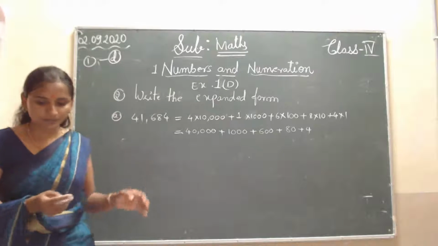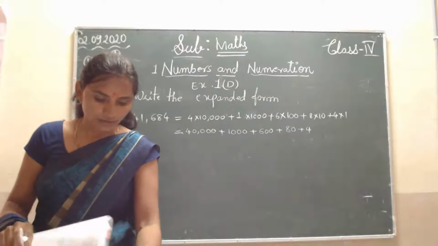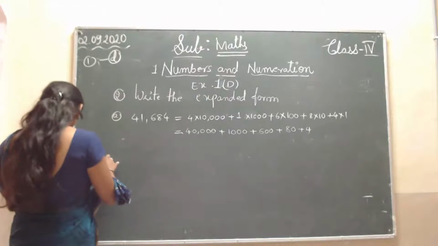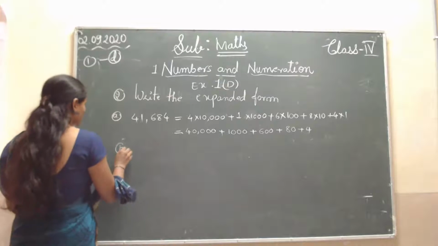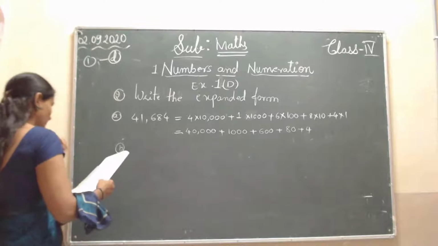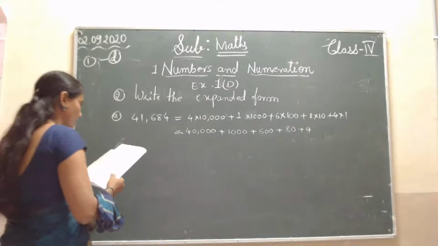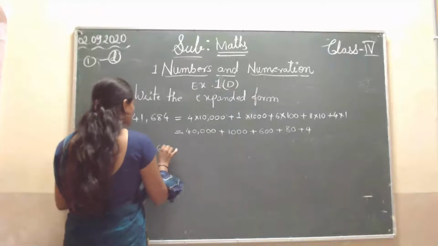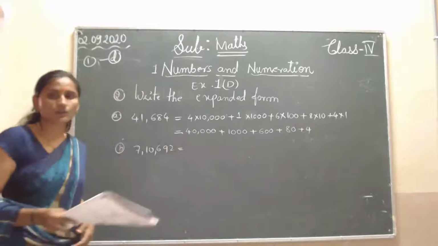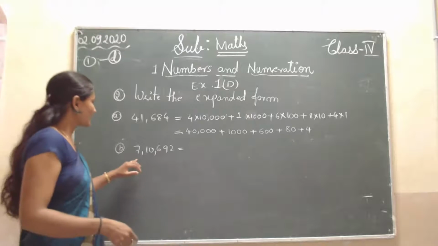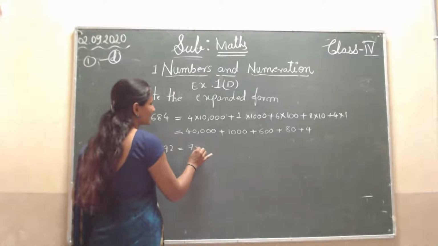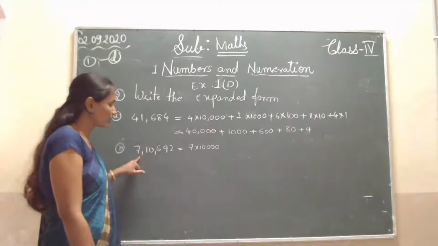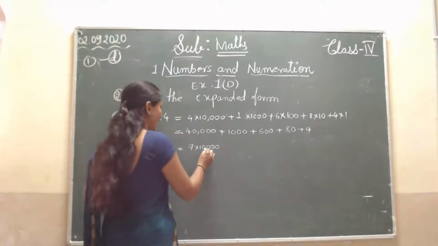Okay students. In the next question, what is the next question? B1 question. It's 7 lakh 10,692. Okay, students. So, what is the value of the 7? 7 is a lakh. So 7 into 1 lakh.